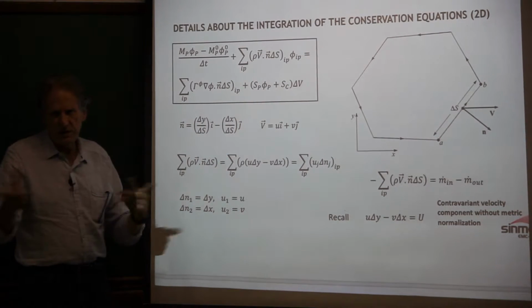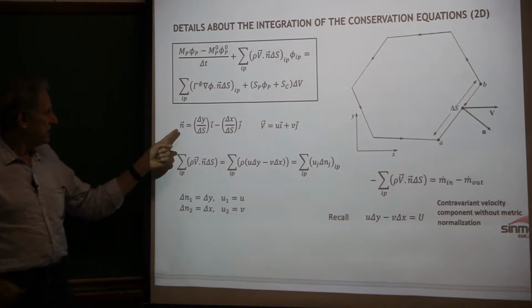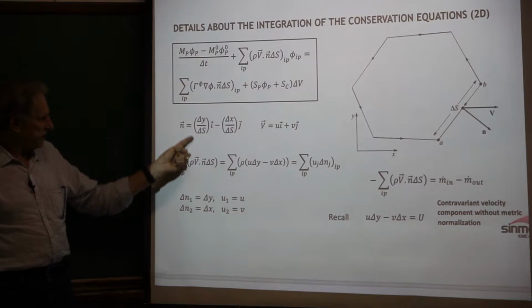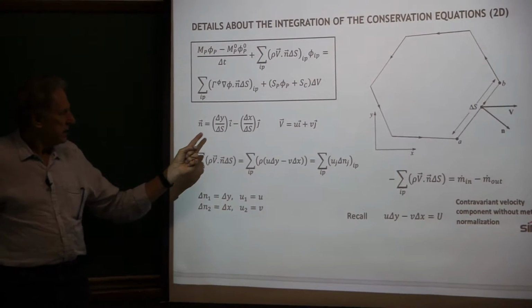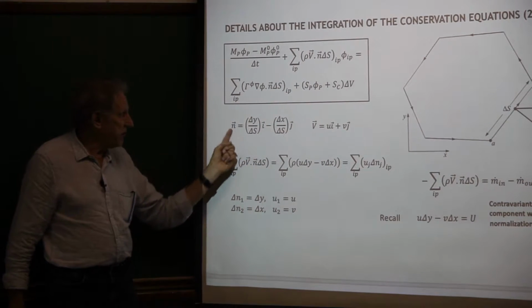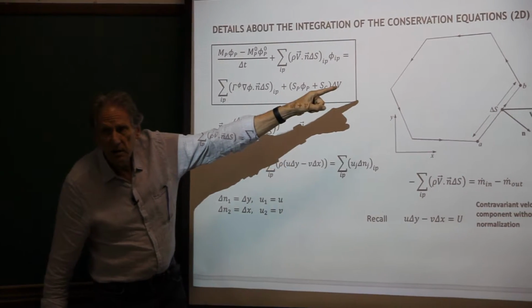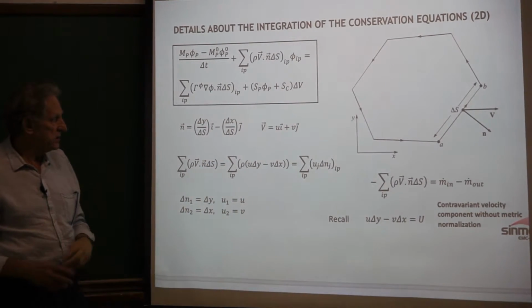Source terms, which is easy to integrate in the volume. So what we define here is a normal and the normal is defined like that. Delta y over ds i, j, this is the normal vector. Now everything is 2D that I'm putting here, just to be easy to follow.